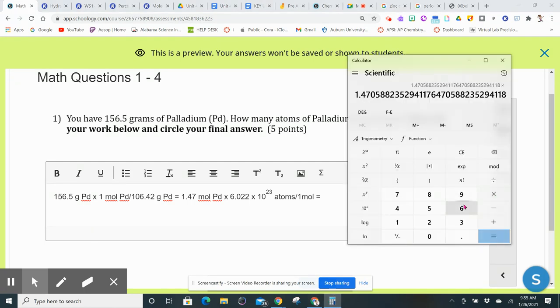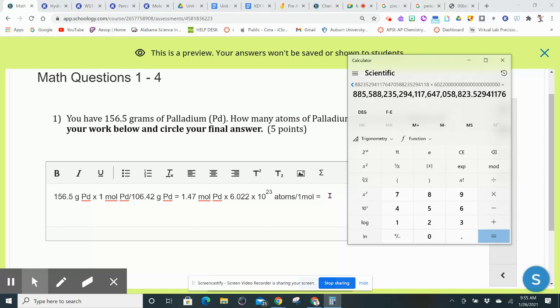So I'm just going to continue this thread out here. 6.022 exponent 23. I wish this thing would put this in scientific notation, because that's a real pain.